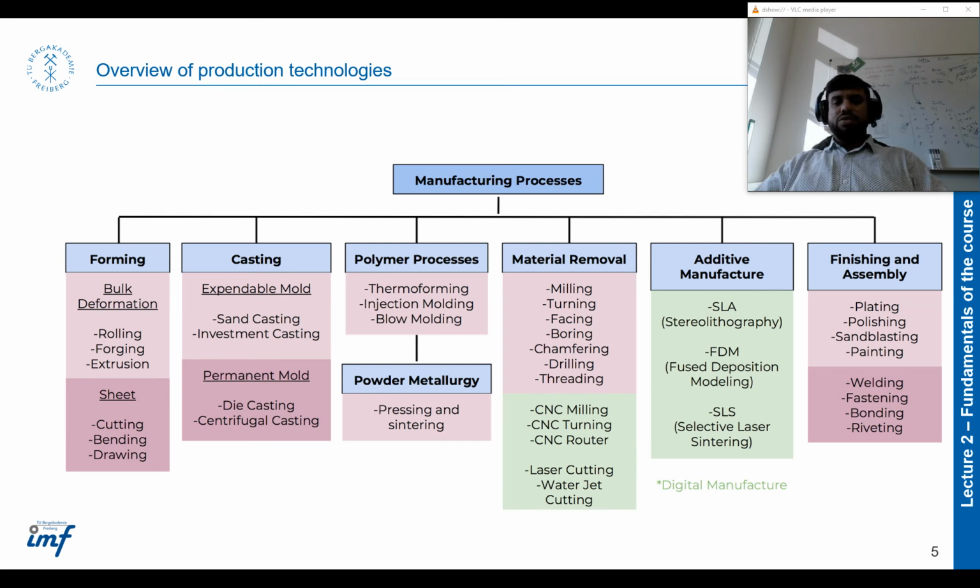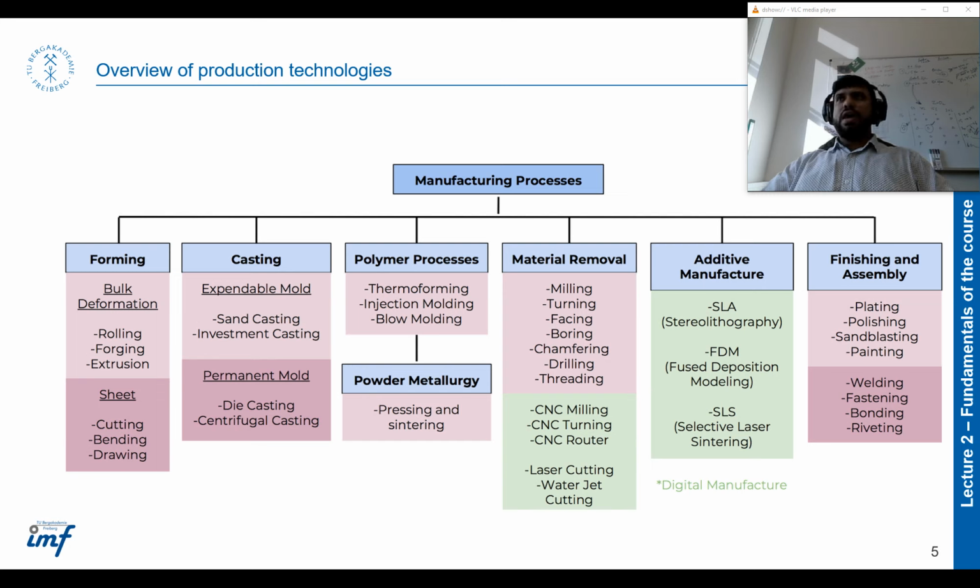And those general procedures are related to milling, turning, facing, boring, drilling, and nowadays more advanced machining of the same categories, but which are computer controlled milling, turning, and routering. Then we have a bigger category of powder metallurgy and additive manufacturing, which is nowadays a very hot topic.